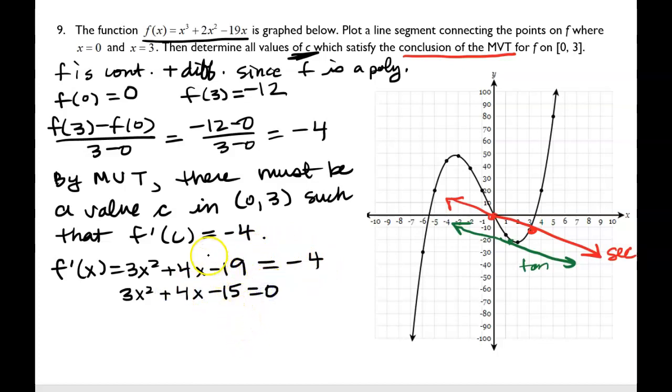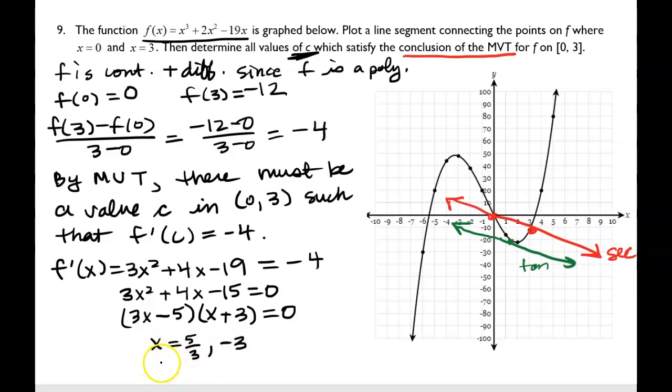So remember, whenever you have a quadratic that you're setting equal to something, you need to move everything over to the left side or right side and set it equal to 0 and solve that. Now I can factor 3x minus 5 times x plus 3. Feel free to use grouping there if it helps you. And so I get two solutions, x equals 5/3 and x equals -3.